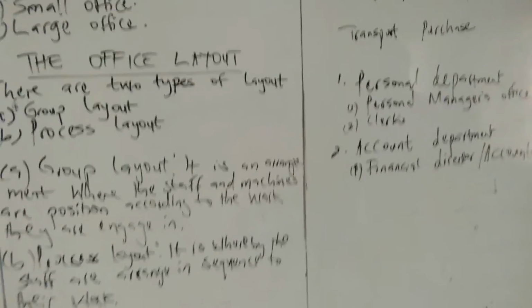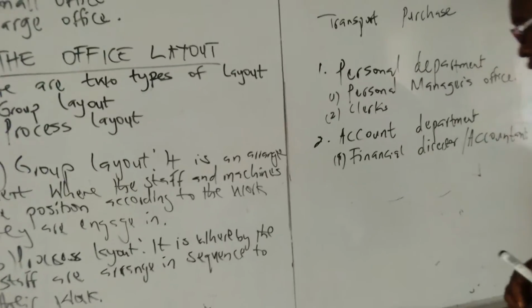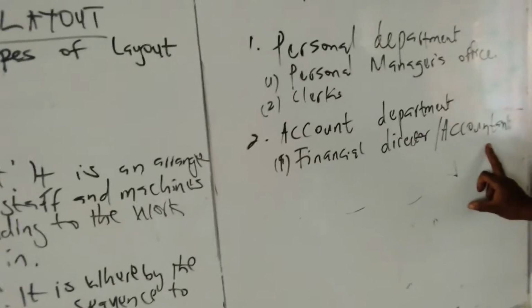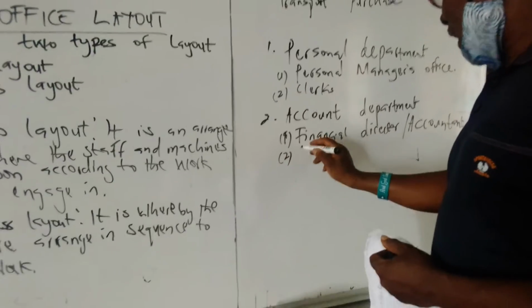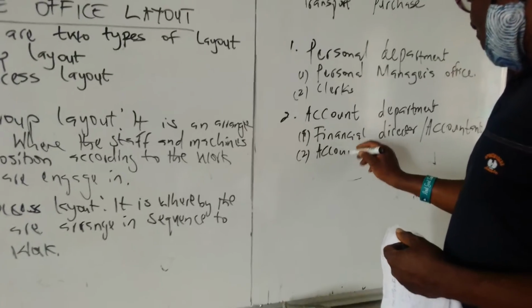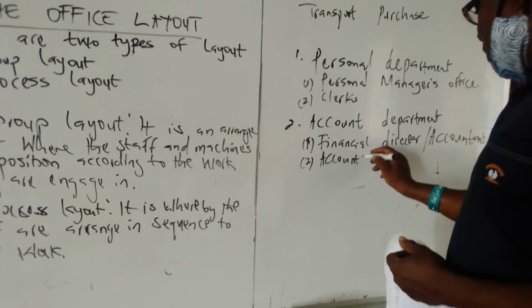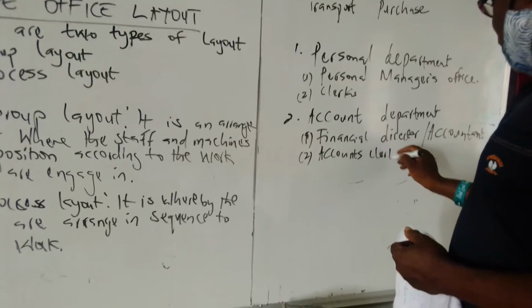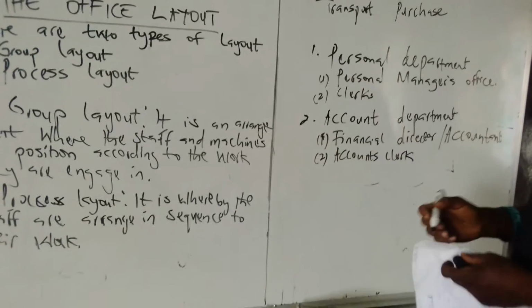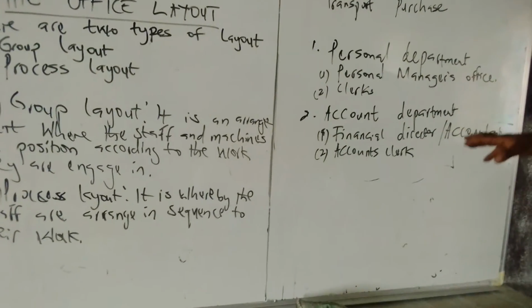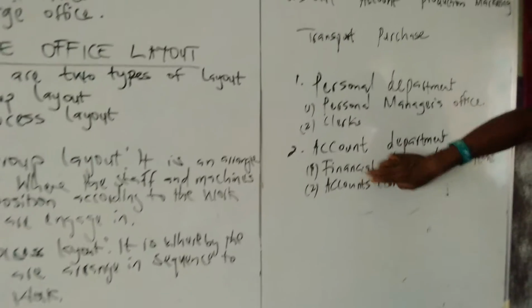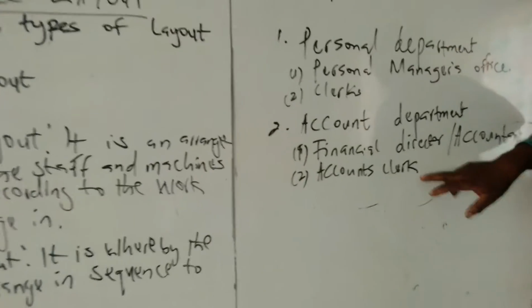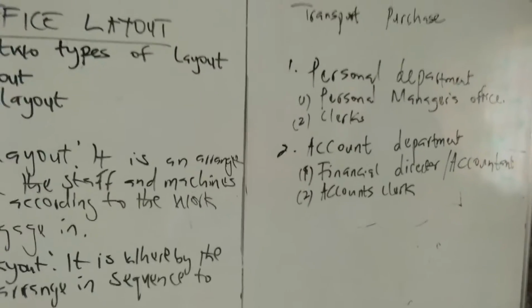Under that, you also have the accounts clerk, then any other staff under this particular department. You can see the various offices now. This particular office is quite different from this office.